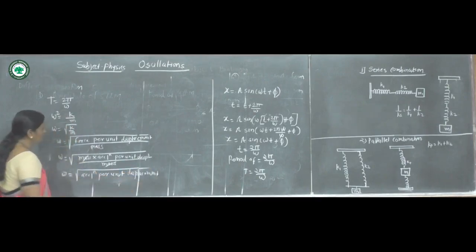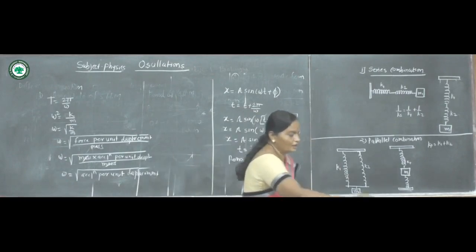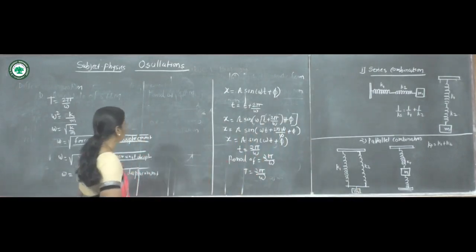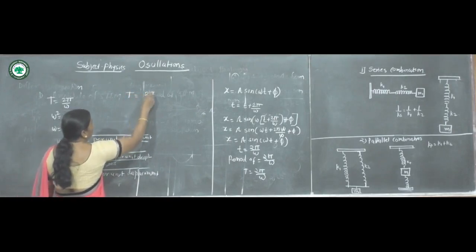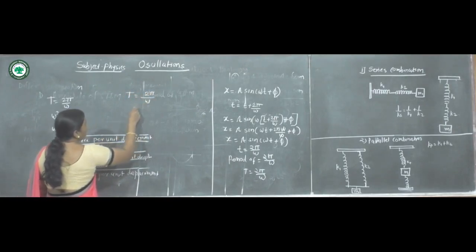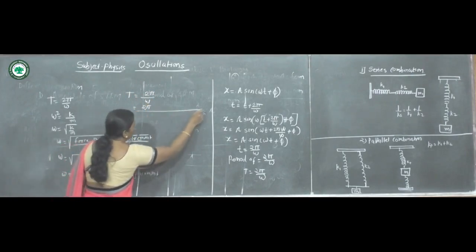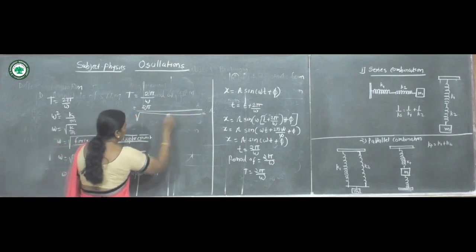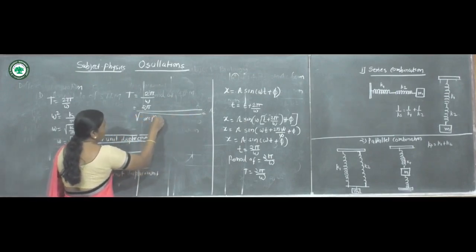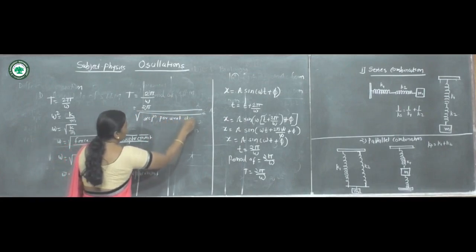Substitute the value here, that is T is equal to 2π upon ω. Substituting the value of ω, we get 2π upon under root of acceleration per unit displacement.